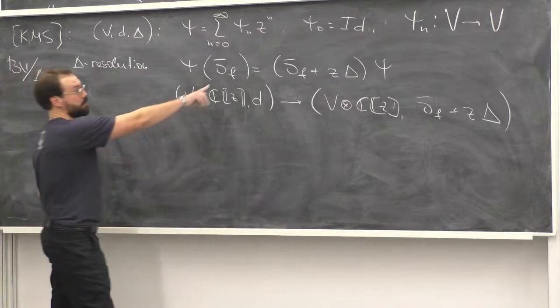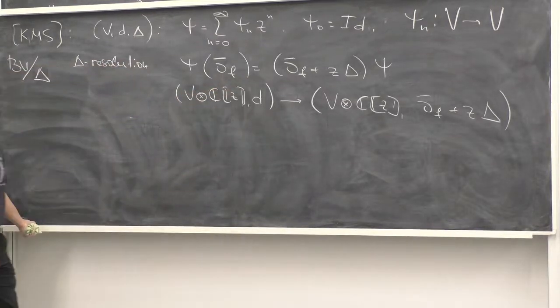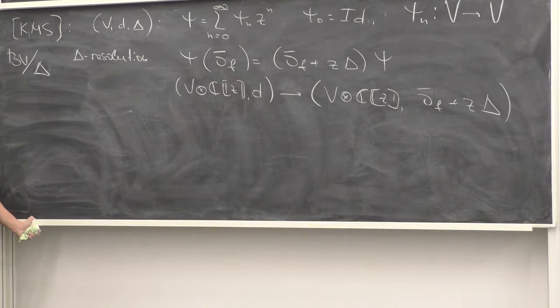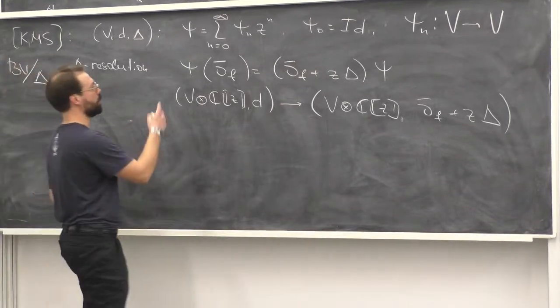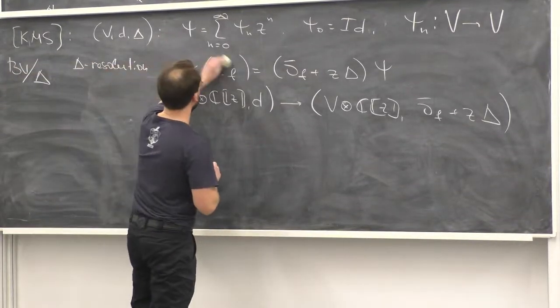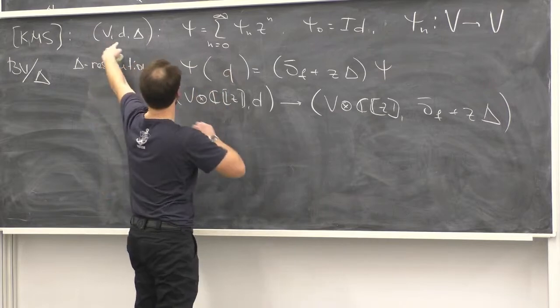And then this equality says that it sets up a quasi-isomorphism. So on the left, the differential is d bar. Yes, I wrote it. So it was this, yeah.